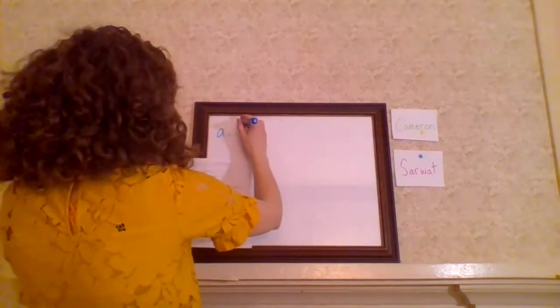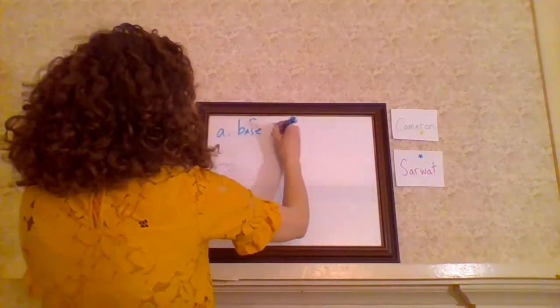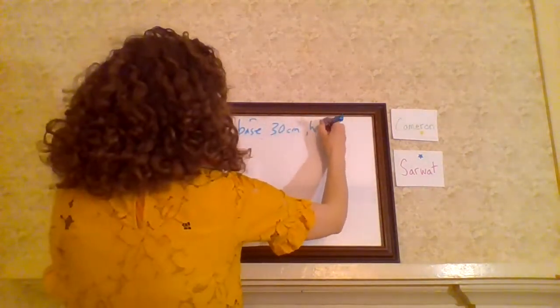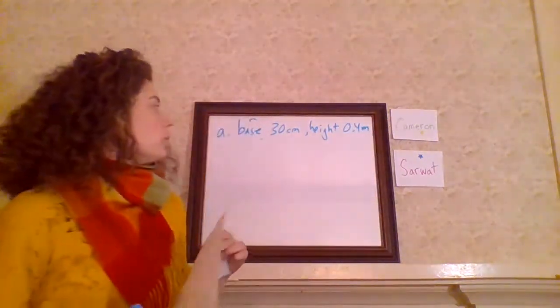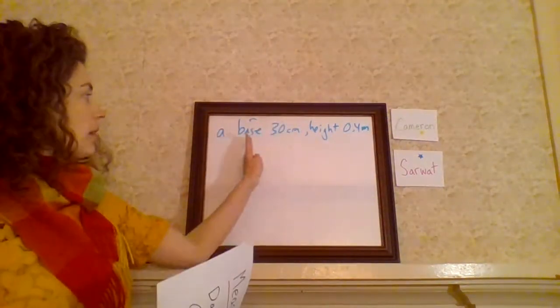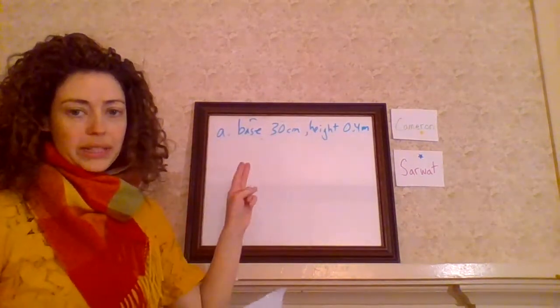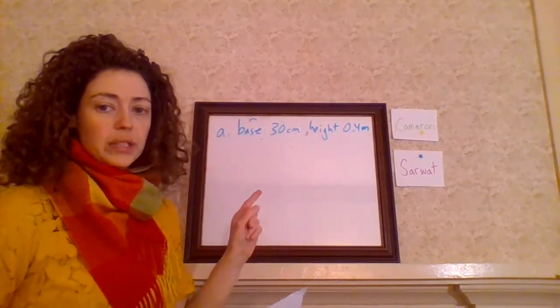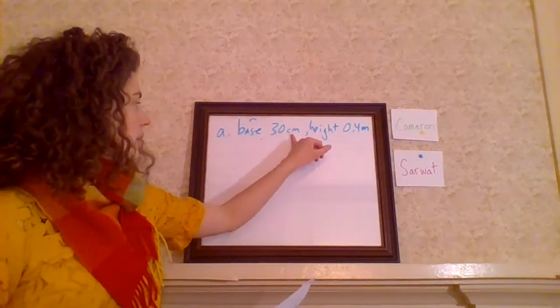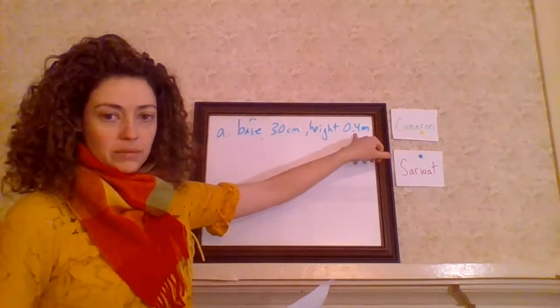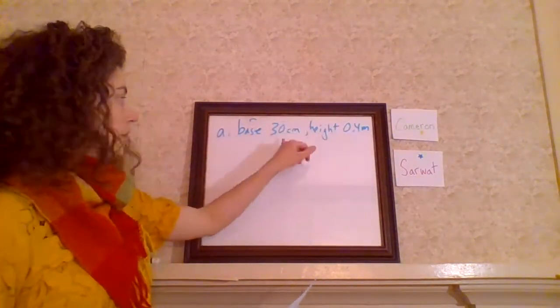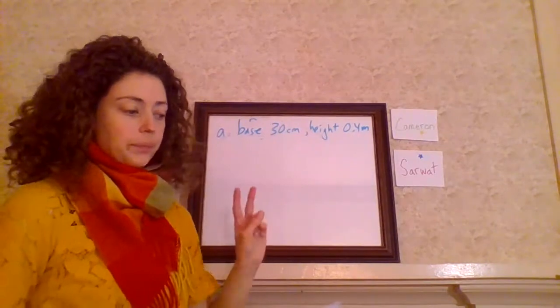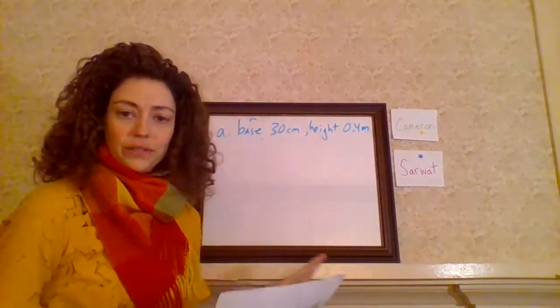Okay, so let's say we have a parallelogram and the base is 30 centimeters and the height is 0.4 meters. We said, well, you just multiply the base and the height. But what do you notice here that we need to do first before we can do that? We have a 30 centimeter base and a height of 0.4 meters. Well, we have to either convert this to centimeters or this to meters, because we can't use two different units like that.